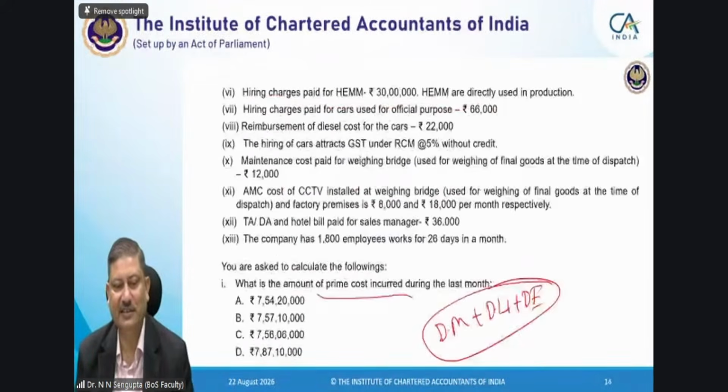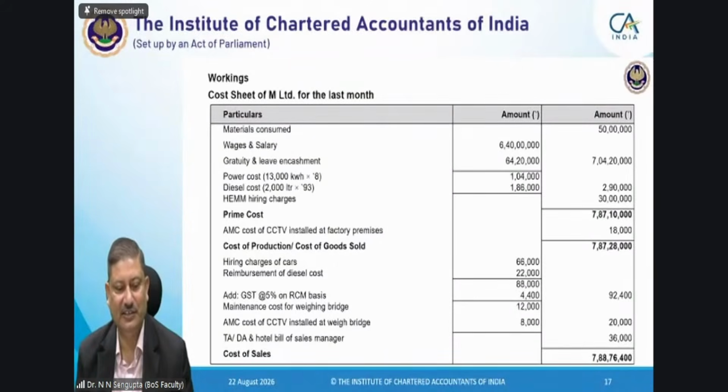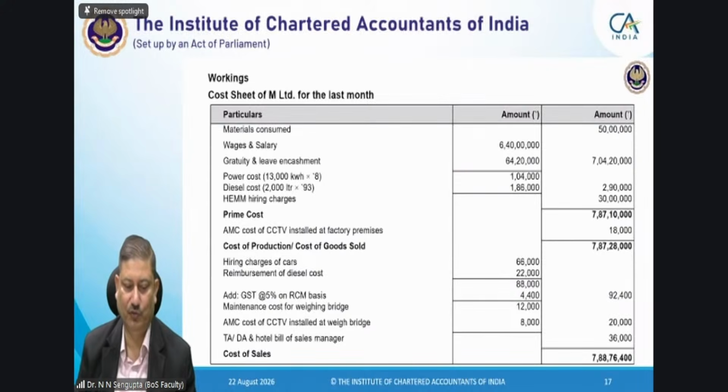You can see there is a question of prime cost. So first, you need to calculate prime cost. Then you need to calculate the cost of production. You need to calculate selling and distribution and total cost. So from the cost sheet, you will get everything. But if you prepare with this kind of presentation, then it will be difficult for you.